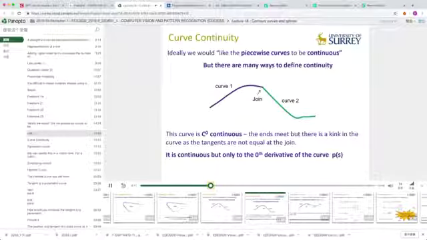If I were moving along this blue curve as a particle at a particular velocity, and my velocity vector is pointing in this direction at this point, then suddenly I'm on curve 2, my velocity vector is pointing in this direction. So although the curves are continuous up to their 0th derivative, their position, they're not continuous in their first derivative. That's why this is a C0 continuous curve.